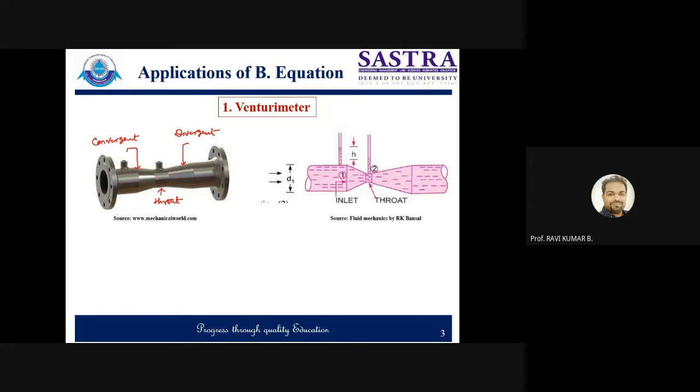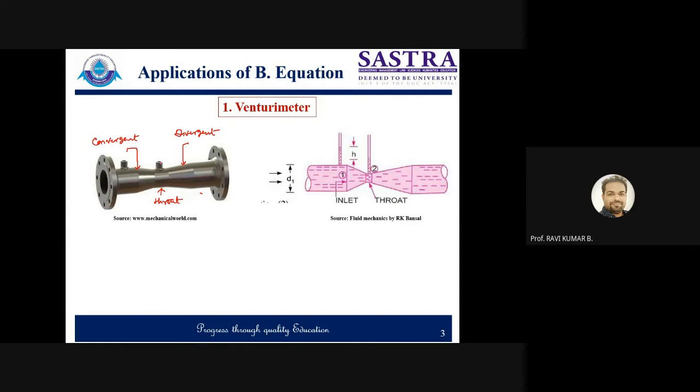Then at the throat there is an expansion. The moment expansion takes place, the pressure decreases, but the velocity will increase. So the inlet velocity will be entirely different from the exit velocity.